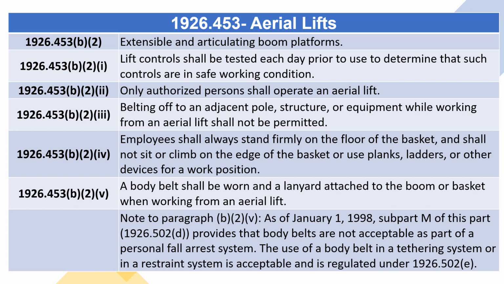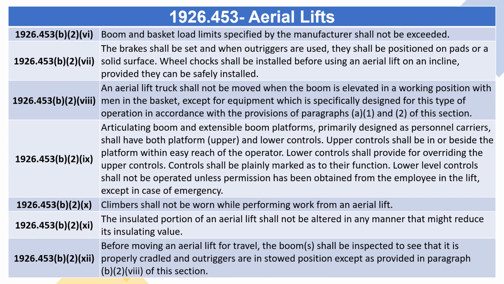The use of a body belt in a tethering system or in a restraint system is acceptable and is regulated under 1926.502(e). Boom and basket load limits specified by the manufacturer shall not be exceeded. The brakes shall be set, and when outriggers are used, they shall be positioned on pads or a solid surface. Wheel chocks shall be installed before using an aerial lift on an incline, provided they can be safely installed.